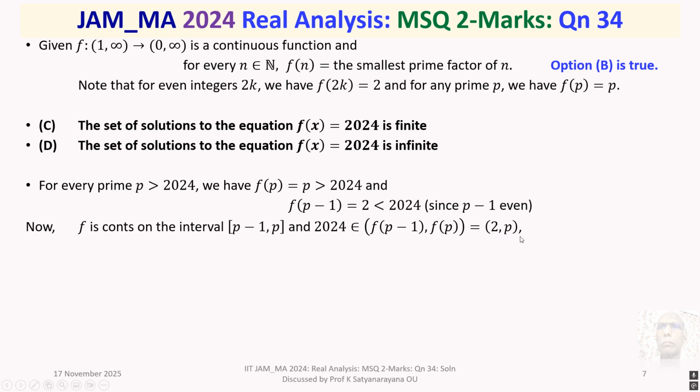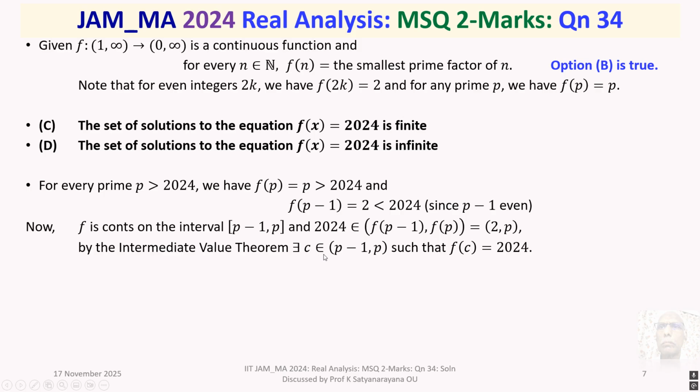Now, by the intermediate value theorem, because f is continuous, there exists a c belonging to p minus 1 to p, which takes every value between f of p minus 1 and f of p, that is 2 and p. That is, in between f of p minus 1 and f of p, there is 2024.